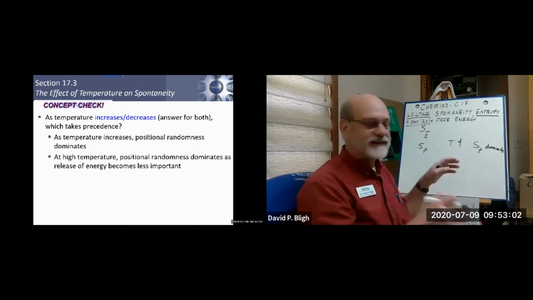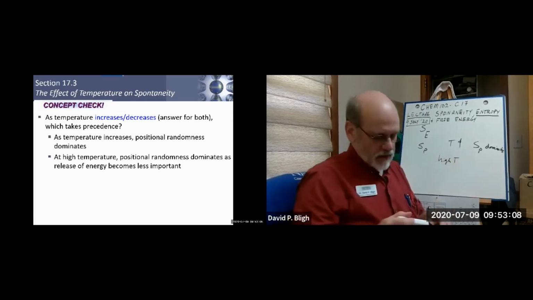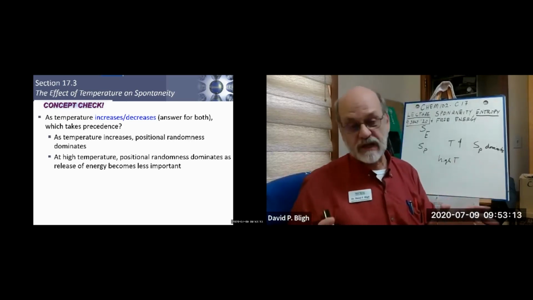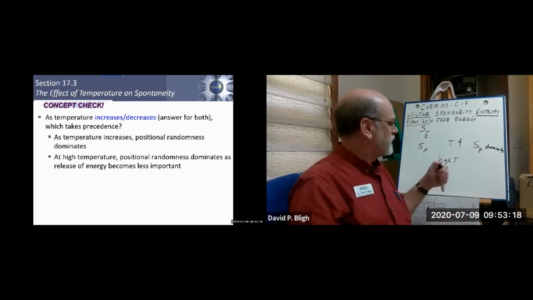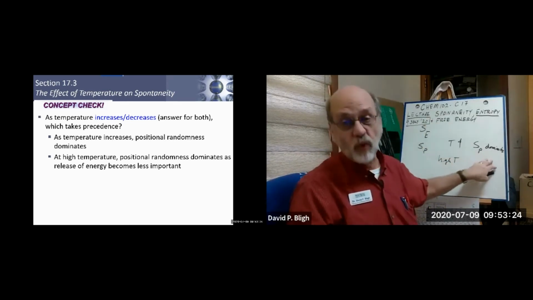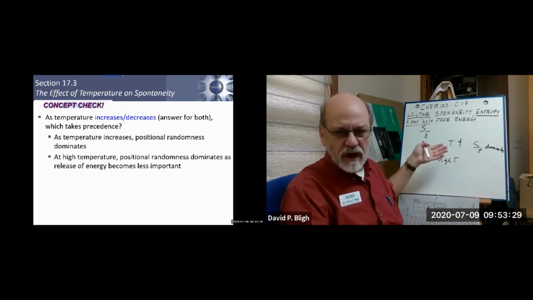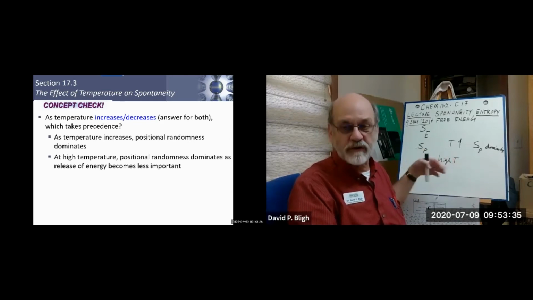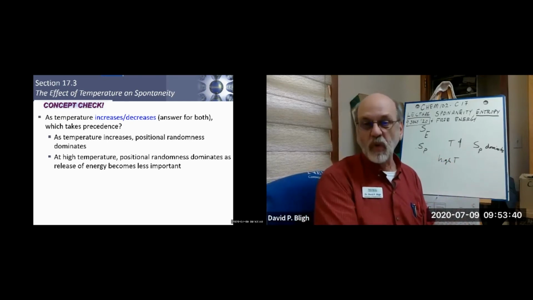So at high temperature, you have a huge number of microstates that are available. That's why positional randomness dominates at high temperature. As the temperature increases, it becomes more dominant. Why? Because a little change of temperature has very little effect on the amount of energy that the system contains. So the energy randomness is less important.